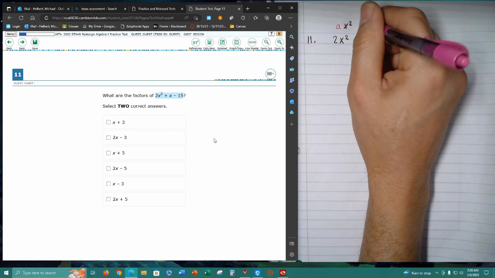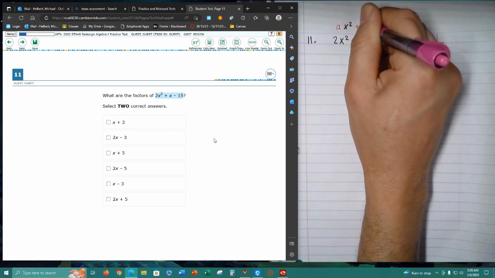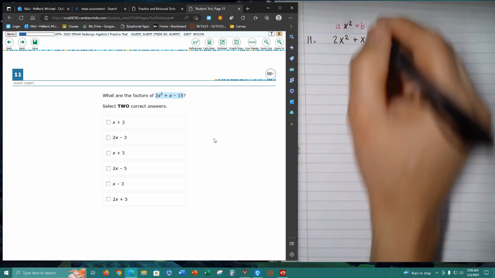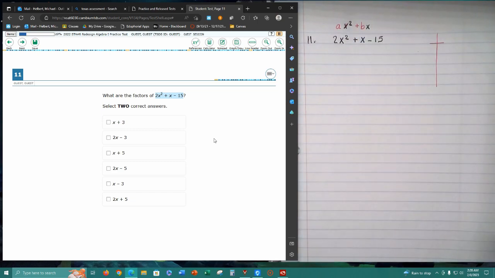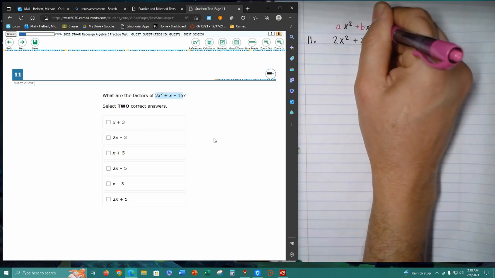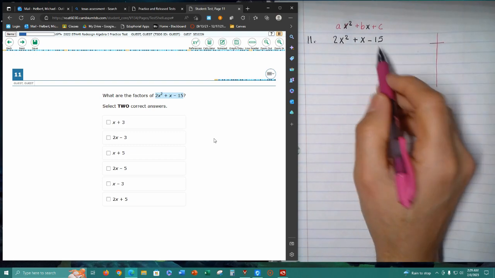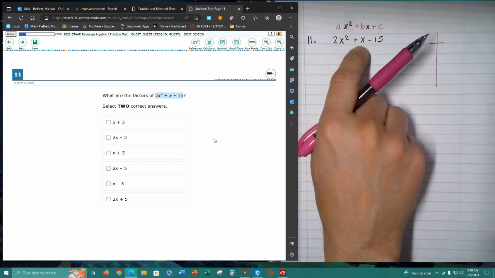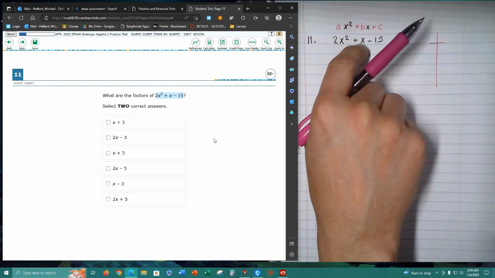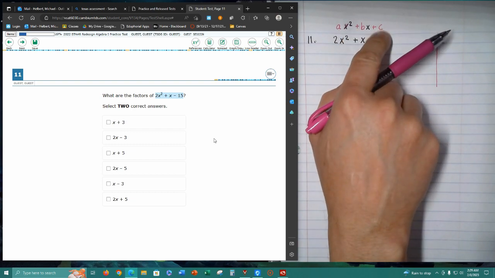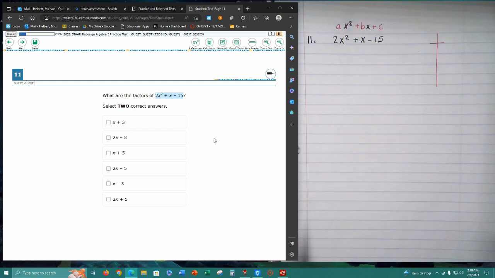This second one is our b value, the coefficient of x, which is 1 right now, and the last number, our constant, is c.